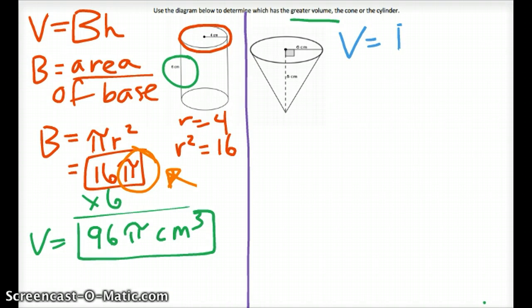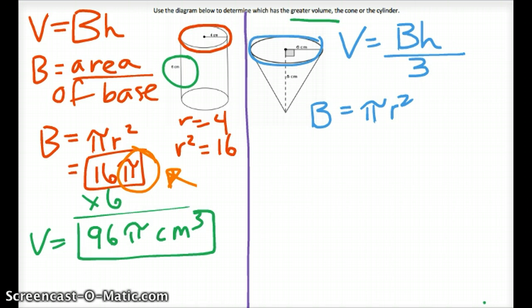The volume of a cone is base times height, but then divided by 3 because a cone is 1/3 the volume of a cylinder. So my base is also a circle, pi r squared. R is 6, so r squared is 36.